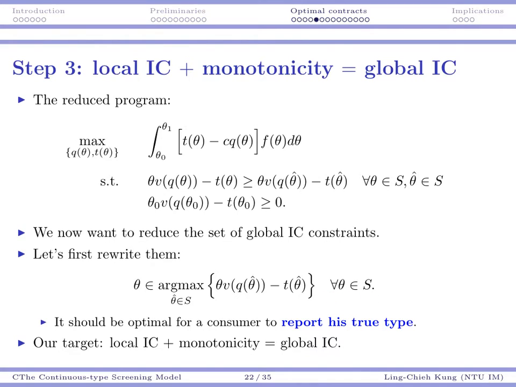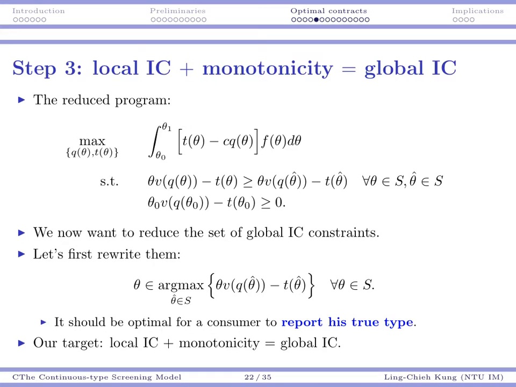For each type of agent, I know that guy is trying to select a type theta hat to report, and by selecting theta hat, he is going to select the contract Q theta hat and T theta hat. So that guy is trying to select theta hat to maximize his expected utility.